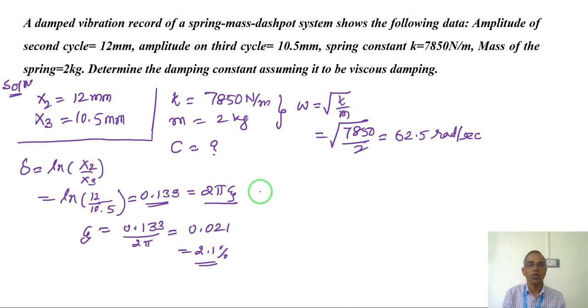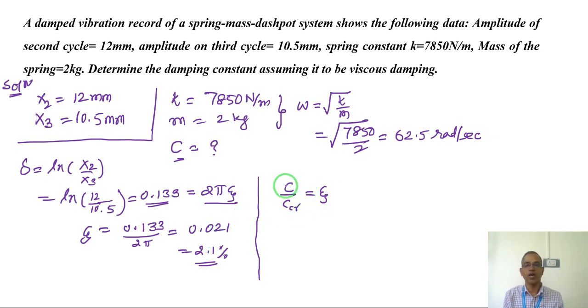So now what is asked? It is asked to find out the damping coefficient C, and we also know a relation where C by Ccr is xi. So the damping ratio is already known to me.